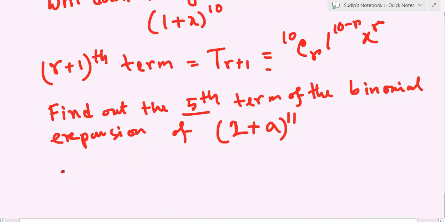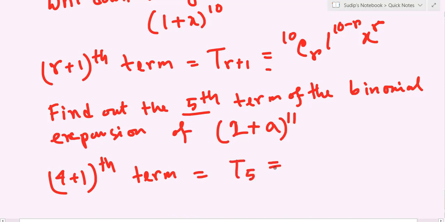Therefore, you will write the 4 plus 1th term is equal to T5 equal to T(4+1). So you will write nC4, that is 11C4.